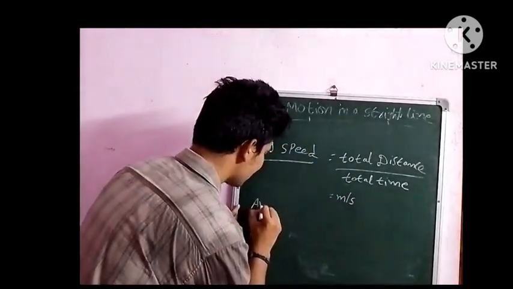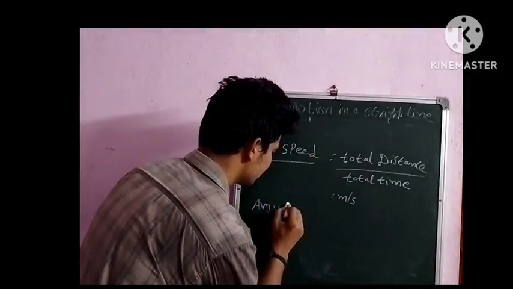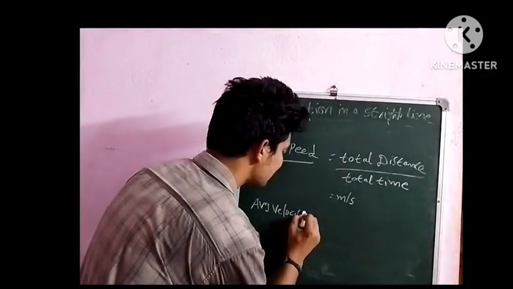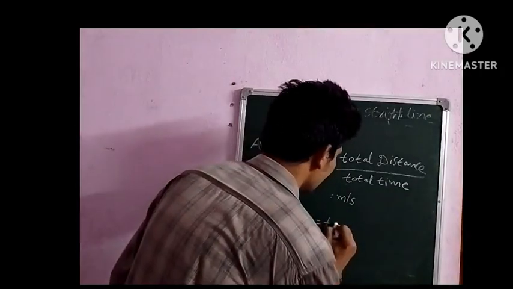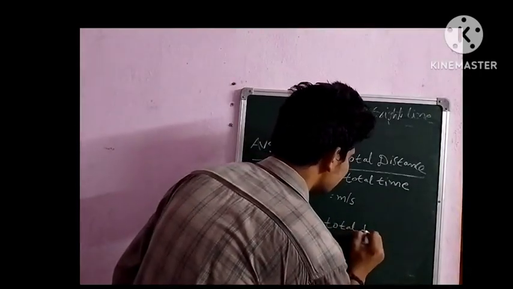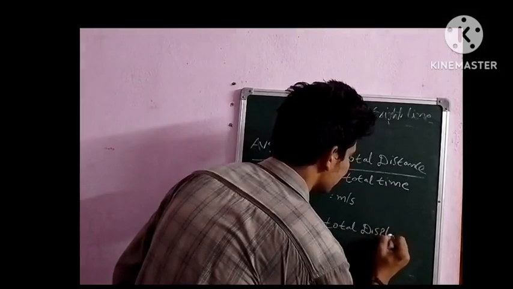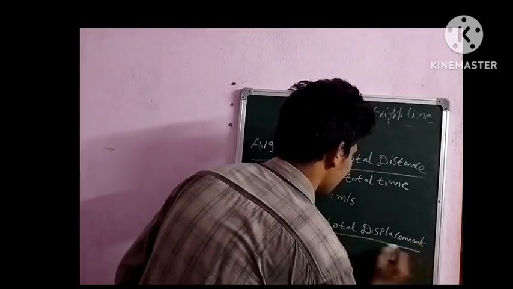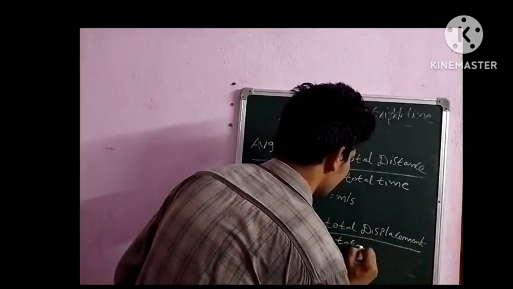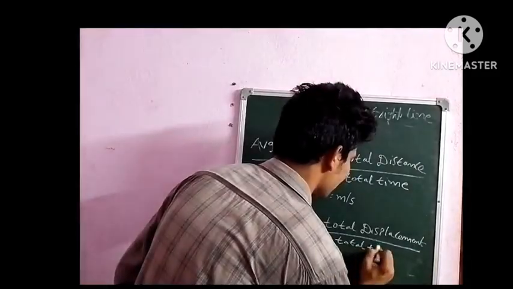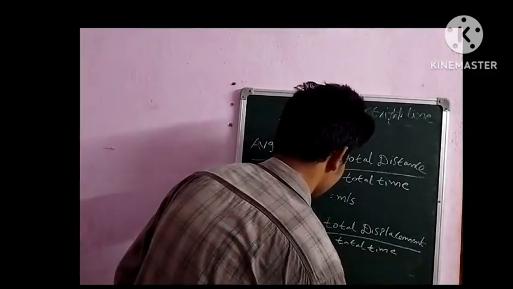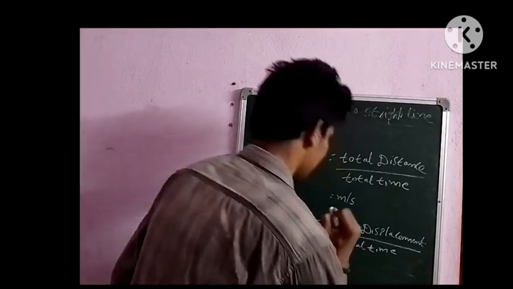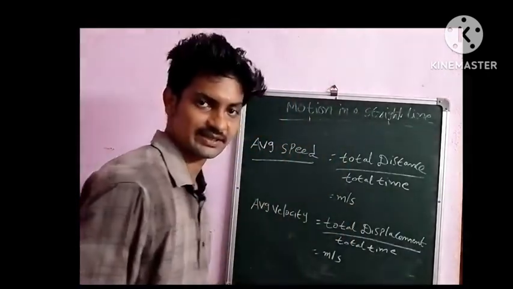And what is the average velocity? Total displacement by total time, nothing but average velocity. This unit is also the same, meter per second.